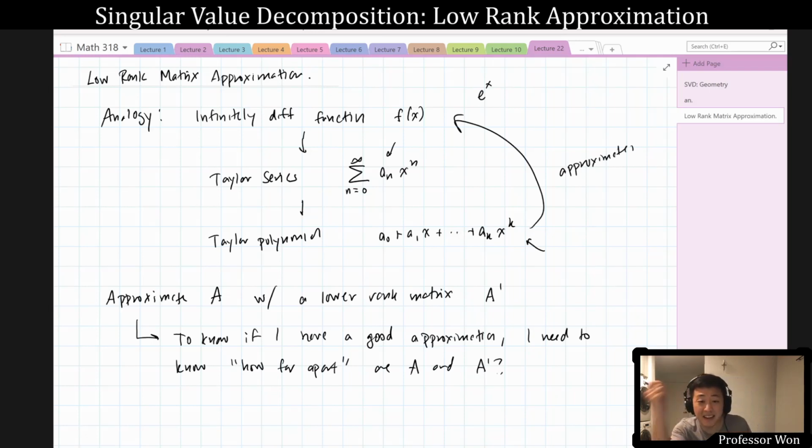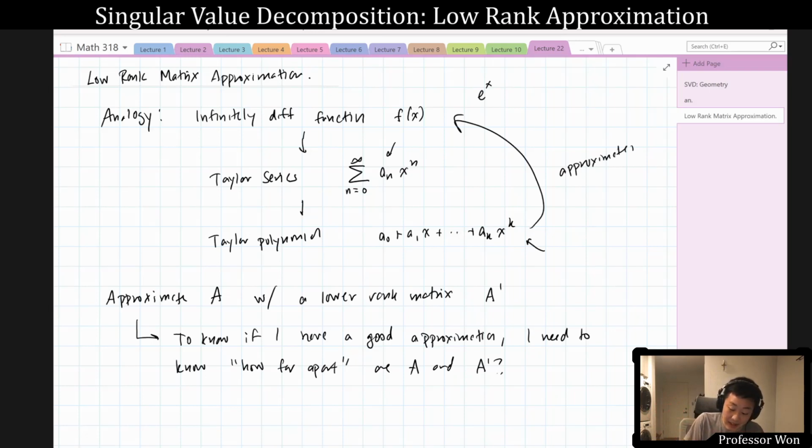Then if I pick a rank k, I should be able to find the closest matrix to A that has rank k, just like if I pick degree 3, I should be able to find the closest polynomial that approximates e to the x. Usually this is done by taking the integral of the difference along some interval. If you center your interval at wherever you're expanding your Taylor series, you can maybe prove the Taylor series is the best approximation. I actually don't know if that's true by that norm, but it doesn't matter for this course anyway.